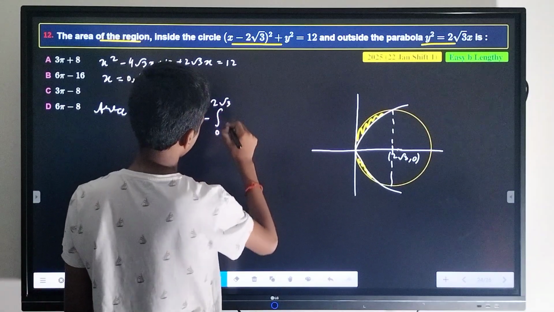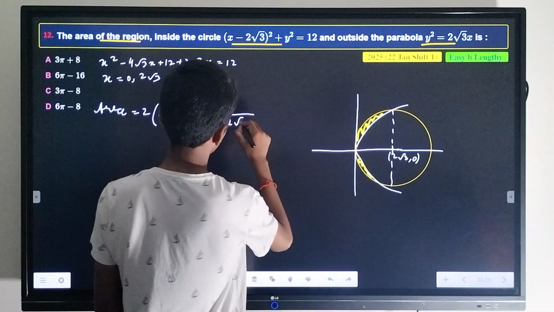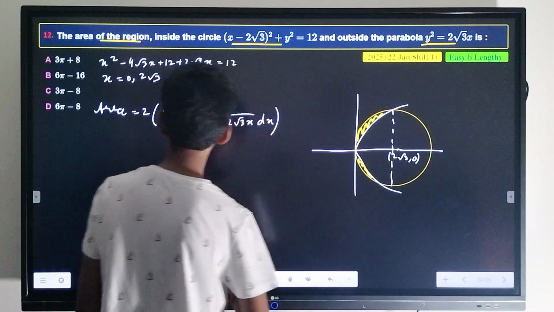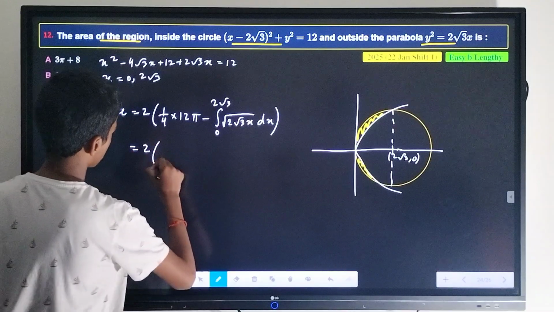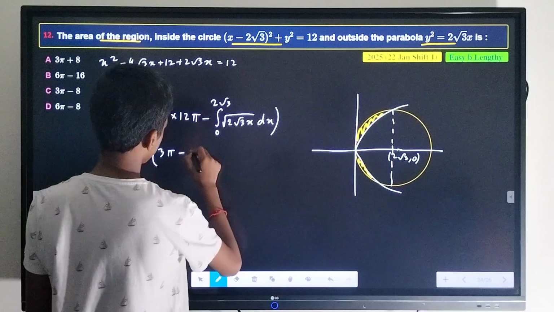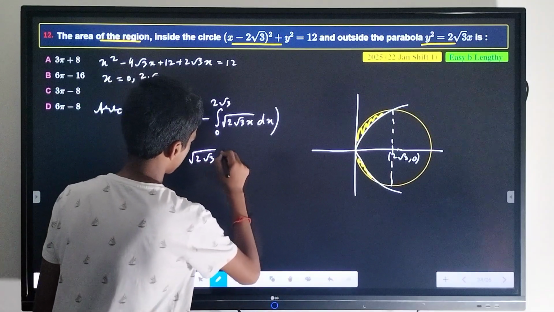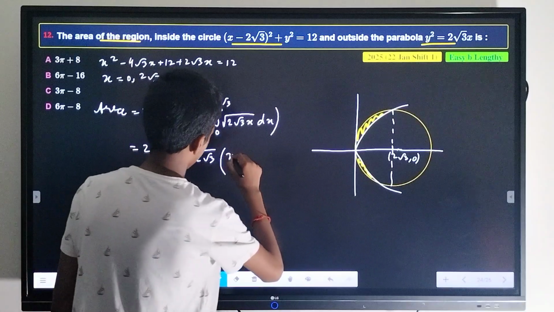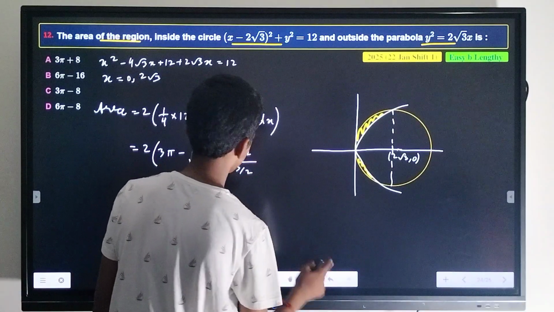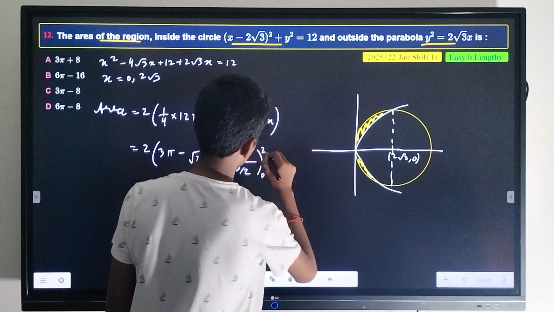of under root of 2 root 3 x dx. So this is equal to 2 multiplied by 3 pi minus under root of 2 root 3. Inside we will get x raised to power 3 by 2 upon 3 by 2 from 0 to 2 root 3.